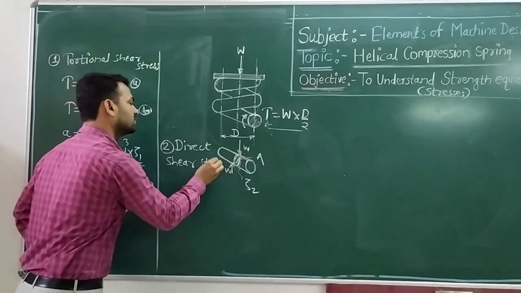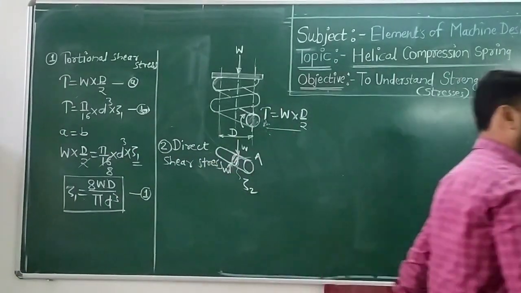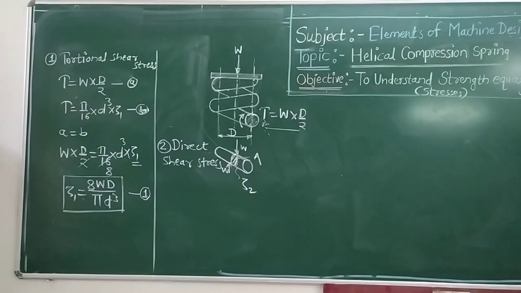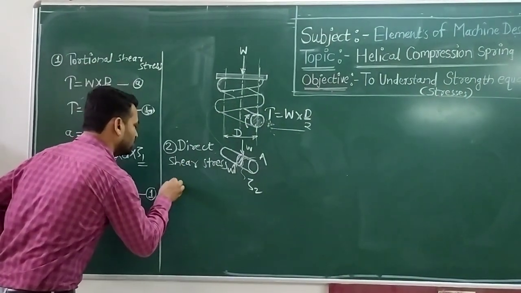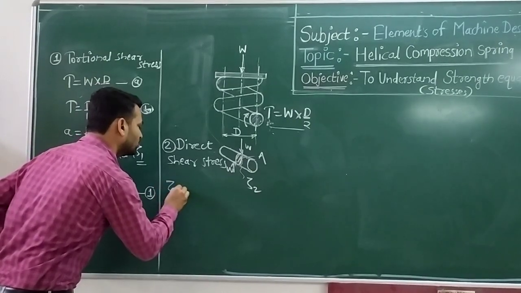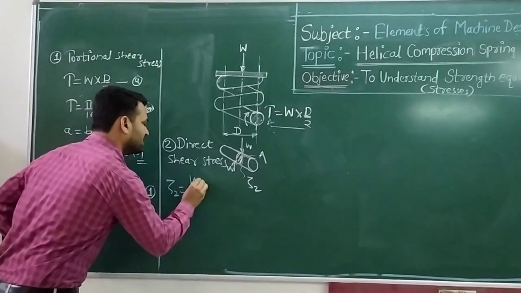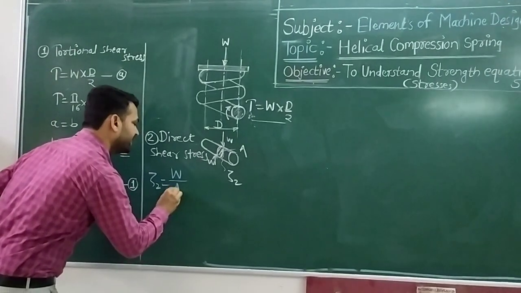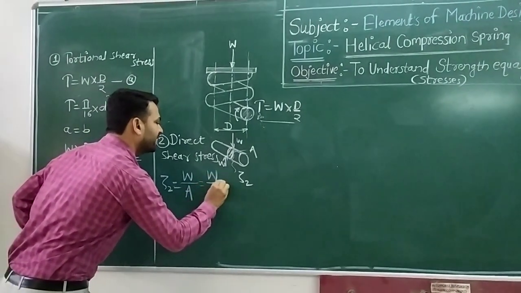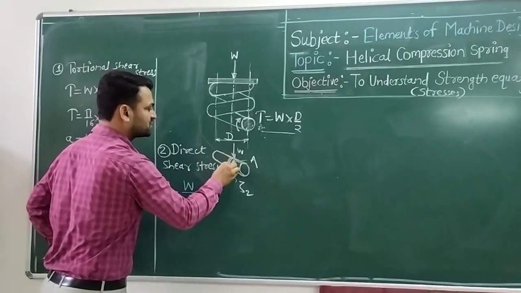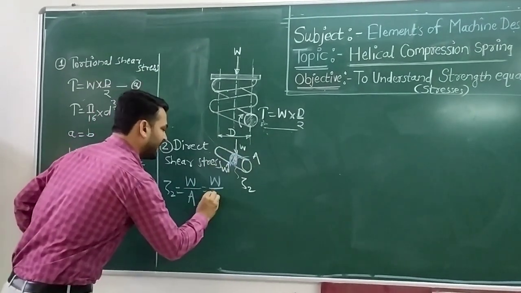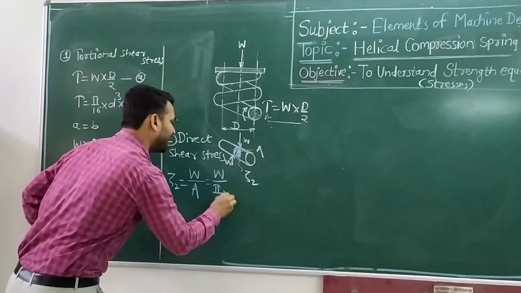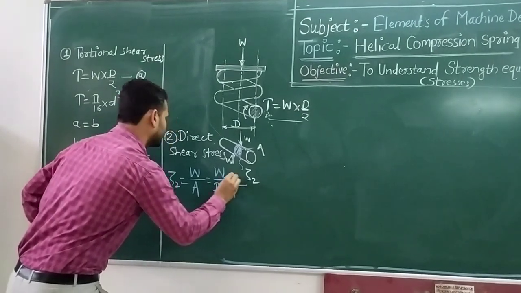How do we find the direct shear stress? It is denoted by tau 2, and any type of stress is equal to W divided by area. Here the area of cross section due to direct load is pi by 4 multiplied by d square.